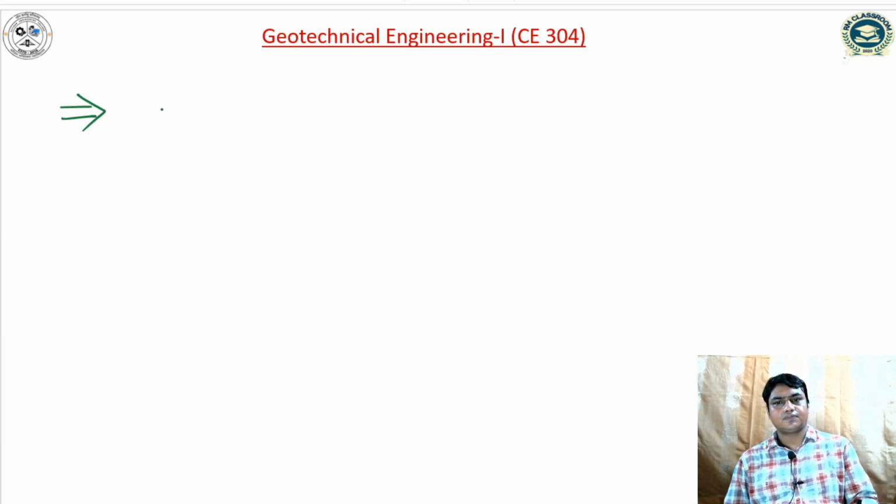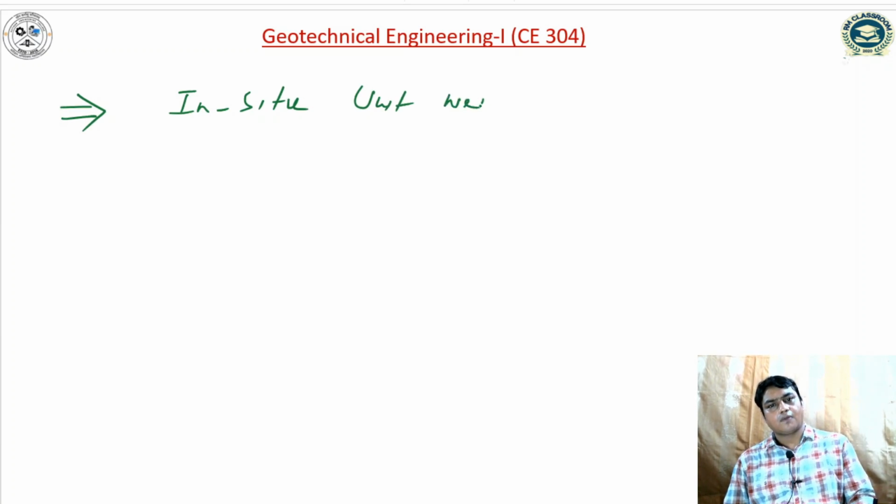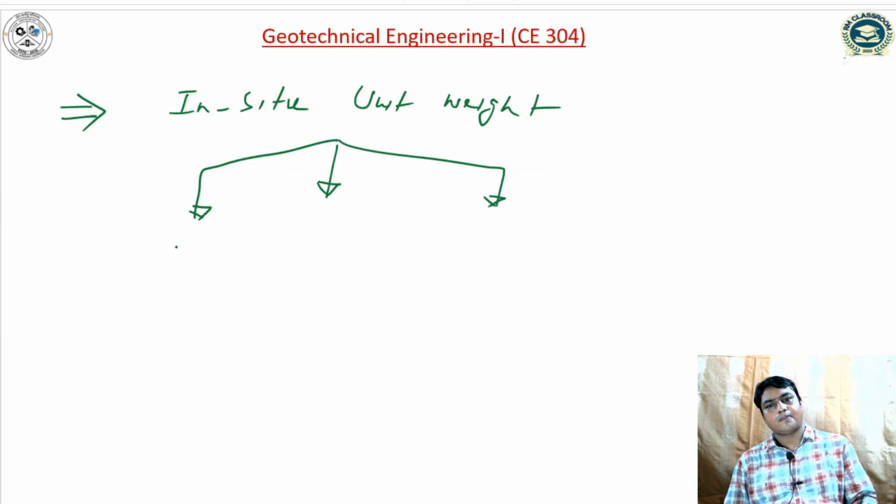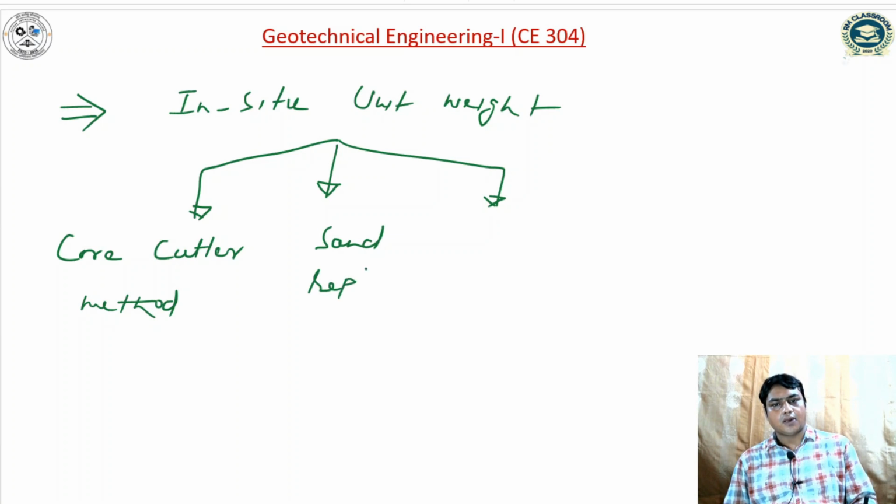Field density. In-situ unit weight can be determined by the core cutter method, sand replacement method, and the third one is the water displacement method.